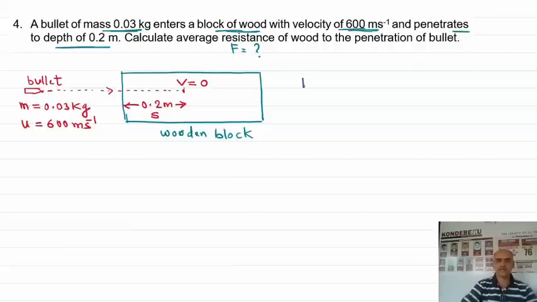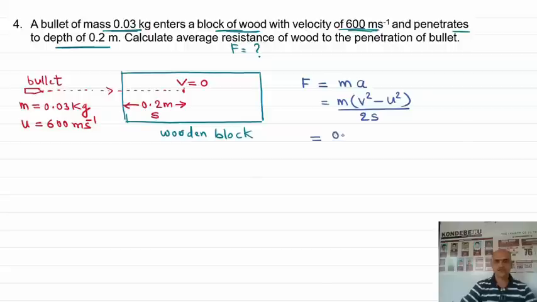Again, taking Newton's law, F is equal to m into a. If you observe the given things, he has given s. So a, I will write it as m, a is (v square minus u square) divided by 2s. Substitute, you will get the resistance offered by the wooden block to the bullet.